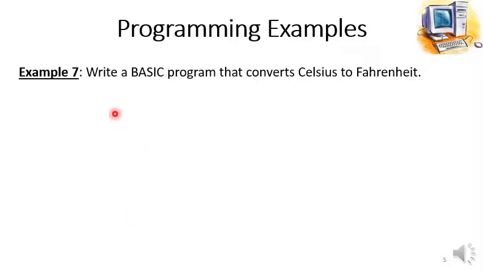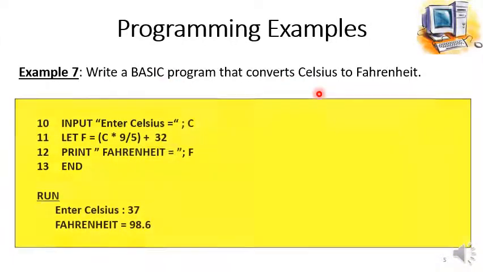Now here, this example is exactly the opposite of the previous example, where we were given the temperature in Fahrenheit and we had to convert it into Celsius. But here we have given the temperature in Celsius, and now we are going to convert it into Fahrenheit. That's why it says to write a basic program that converts Celsius to Fahrenheit.